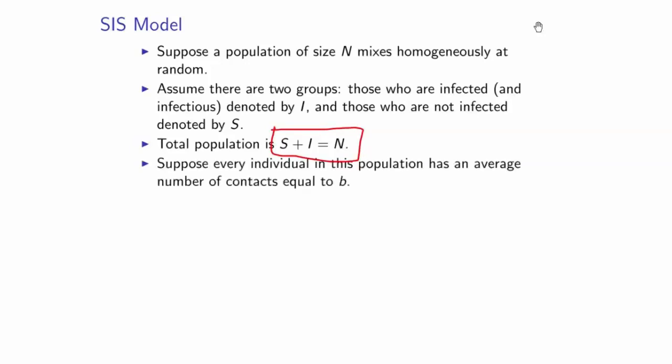So we're going to assume that every individual in this population has, on average, the same number of contacts. So we're going to assume that an average number of contacts B is the same number for every individual in this population of capital N individuals.